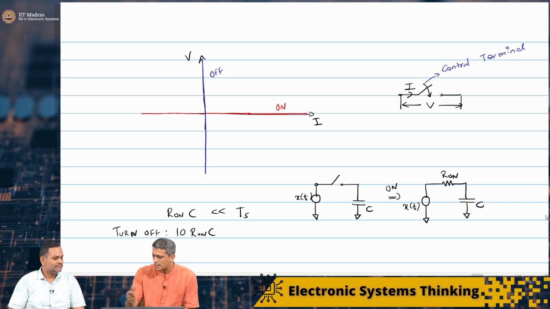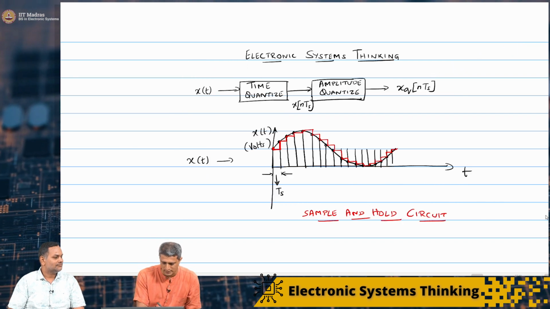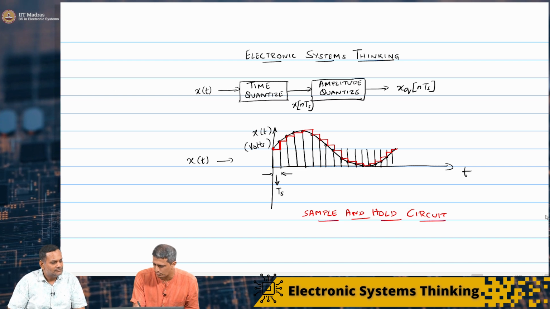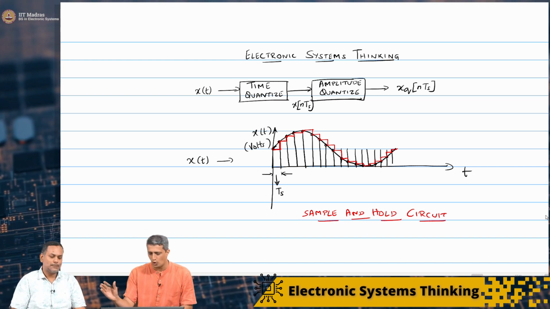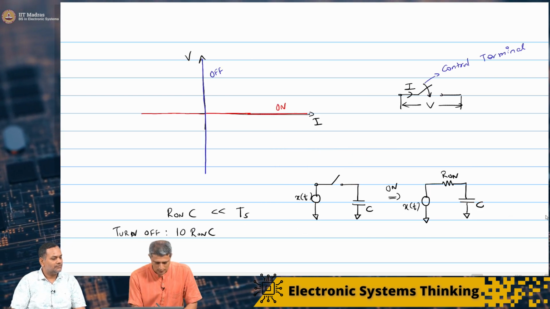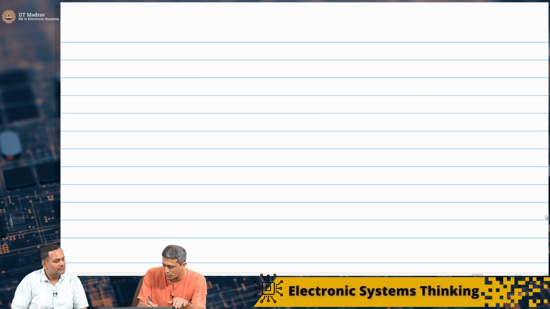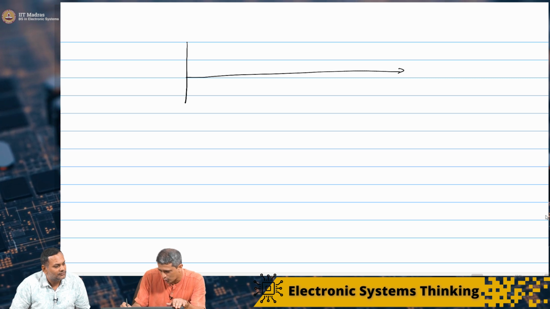And if the signal is not going to change, it has sampled some value, for example in this case some value in this region, and it is going to hold that value now. So that's exactly what's going to happen. If you look at that control terminal, maybe we can plot that voltage.